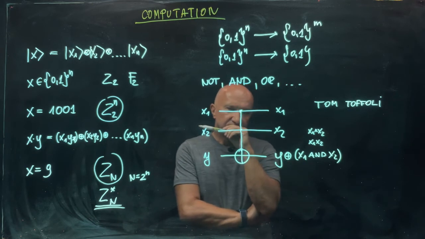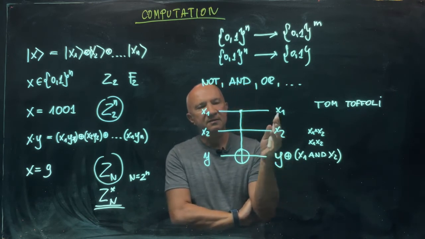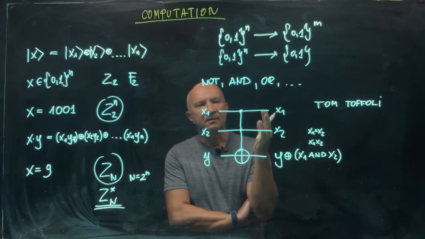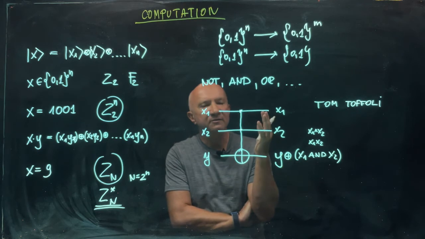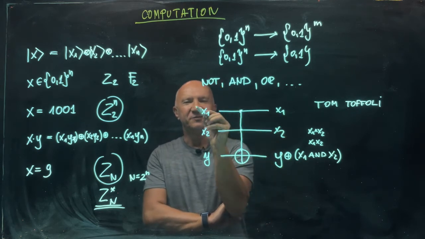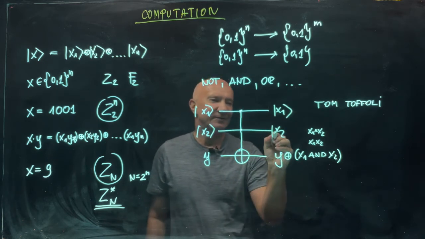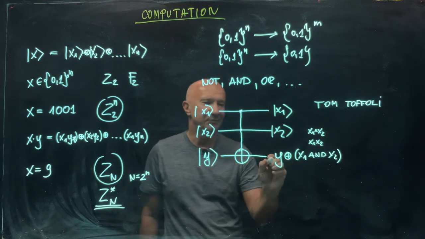Now, it's possible to show that this one gate is universal for all reversible kinds of computations, and you can also quantize this gate, in the sense that let me just quantize it by putting kets on those labels here.